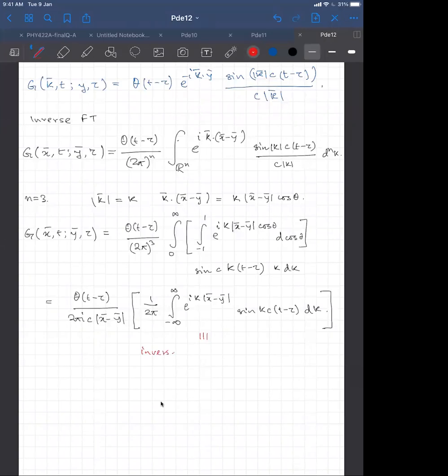Now what we would remember, hopefully, from Fourier transformations is that the inverse Fourier transform of sine of ka is actually something to do with delta functions, delta of x plus a minus delta of x minus a.